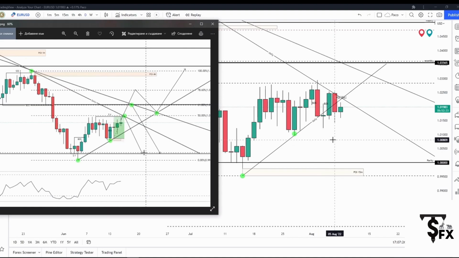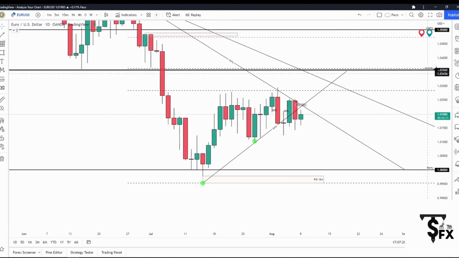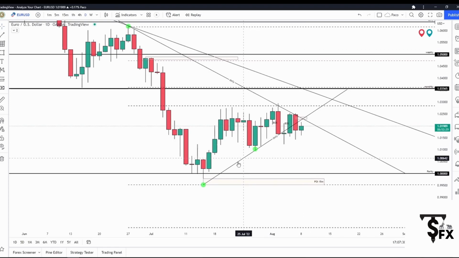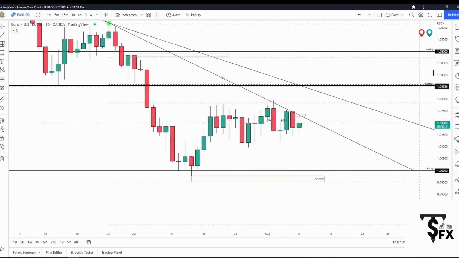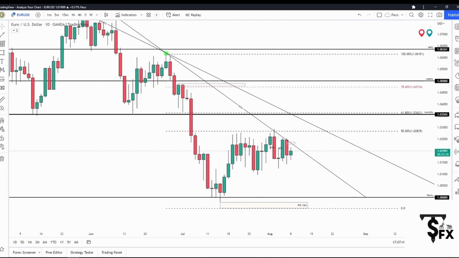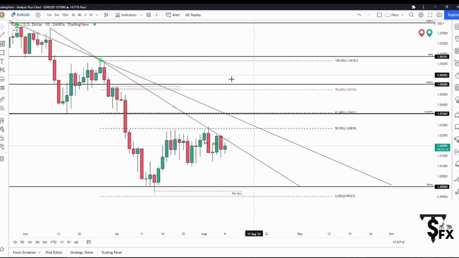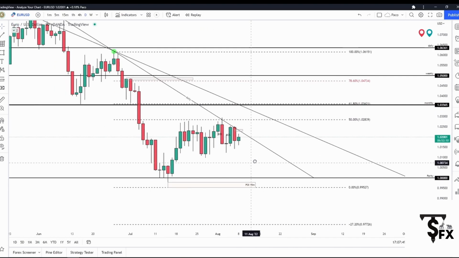What we expect for the next week, let me just delete this daily trend line because it's crossed and tested and we don't need it anymore. Okay, as you can see on a daily time frame, here we have a huge impulse wave and the price reaches the 50% level of Fibonacci.